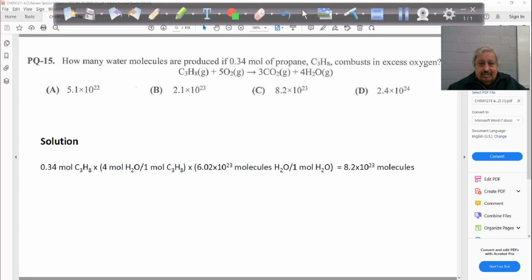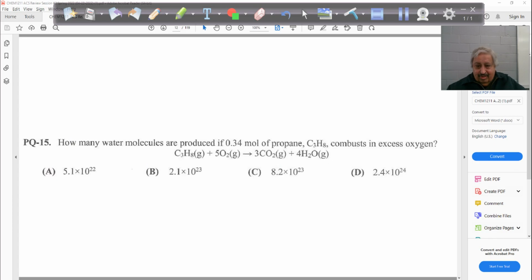Did we do this one correctly? If we multiplied it by the 4, then how many molecules? Oh, okay. Hold on.